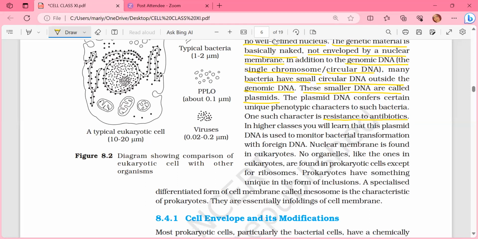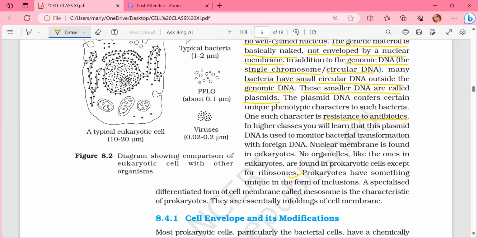This plasmid DNA is also used to monitor bacterial transformation with foreign DNA, but this is something you will learn in the higher class. Now, the nuclear membrane is found in eukaryotes. No organelles like the ones in eukaryotes are found in prokaryotic cells except for the ribosome.